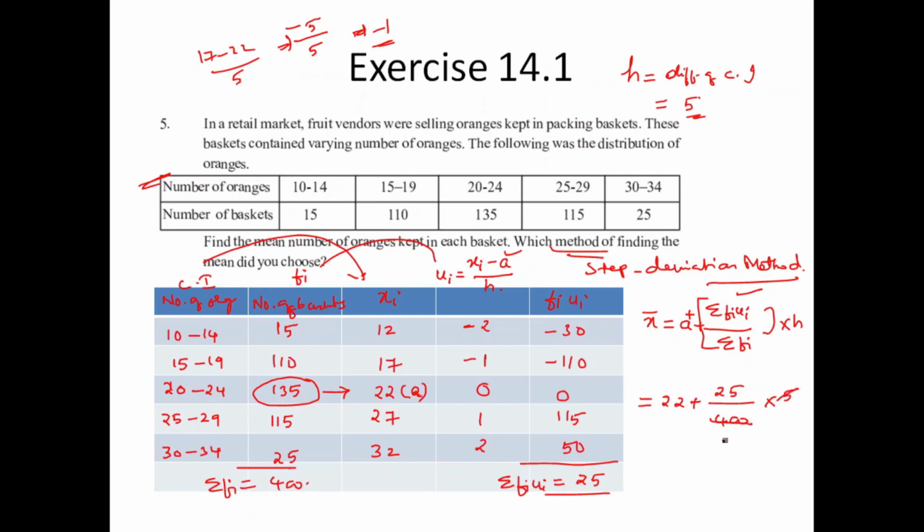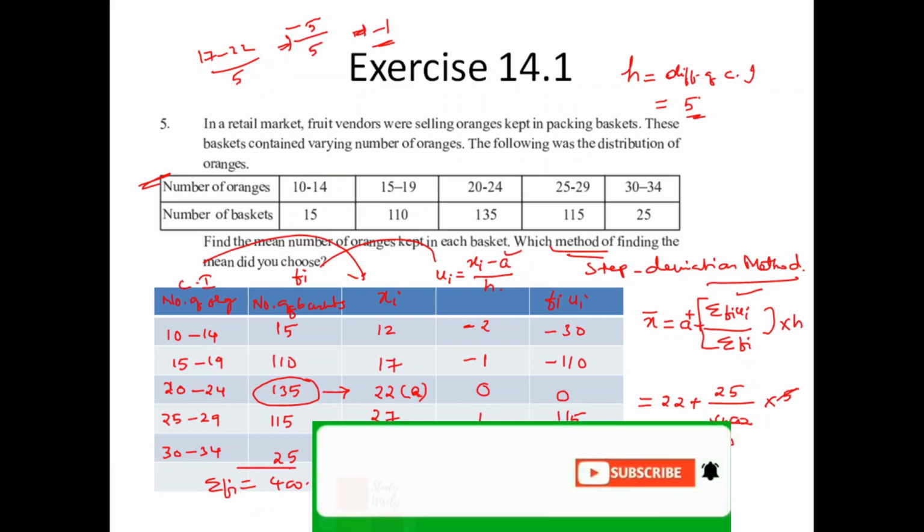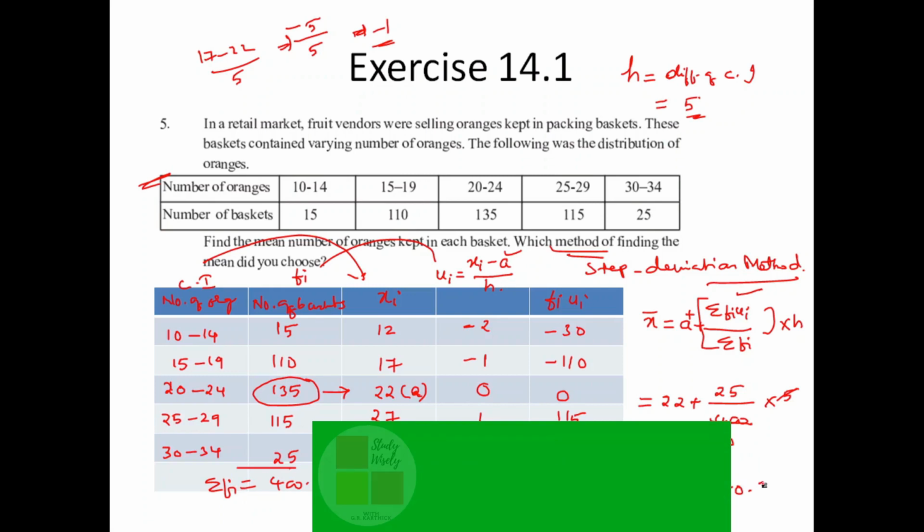See how to divide this. When I divide these two, I'll get 22 plus 0.31, so this is 22.31. How do I get this 0.31?